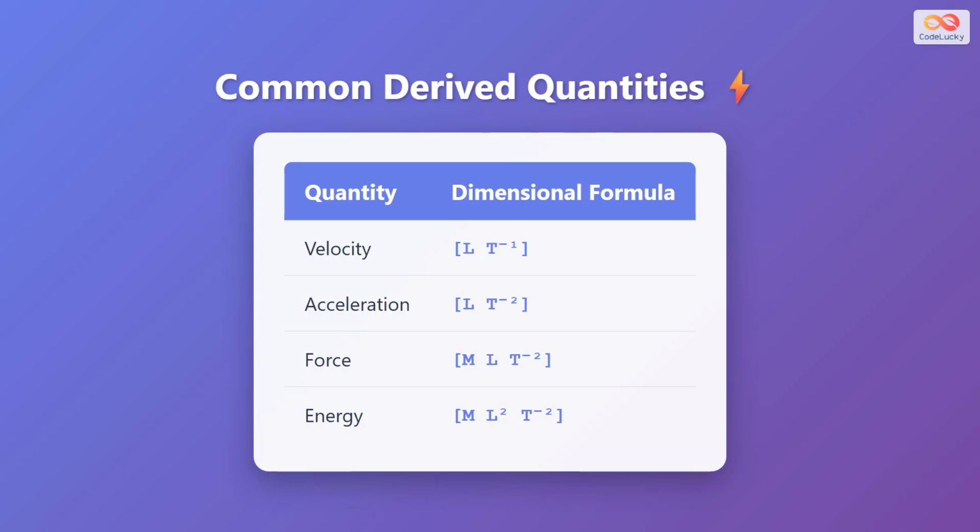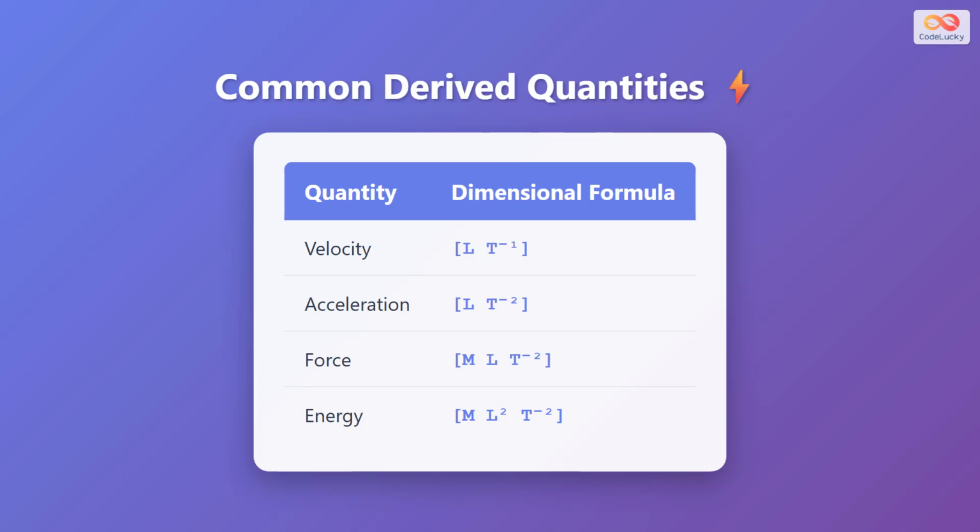Now let's look at some common physical quantities and their dimensional formulas. Velocity has the dimensional formula [LT^-1], which means length divided by time. Acceleration is [LT^-2], representing length divided by time squared.